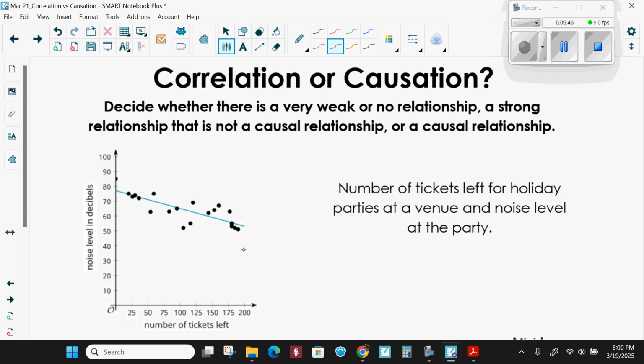I'm not sure you can see a direct relationship with that. It could be that there's music at the party, which makes it louder, not necessarily how many people. So again, I would just say a strong relationship, but not necessarily causal.